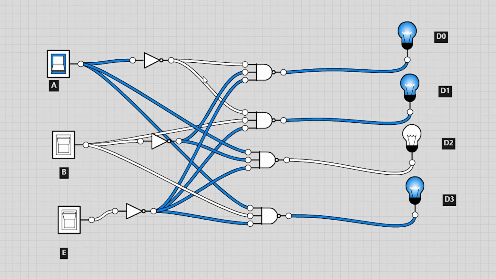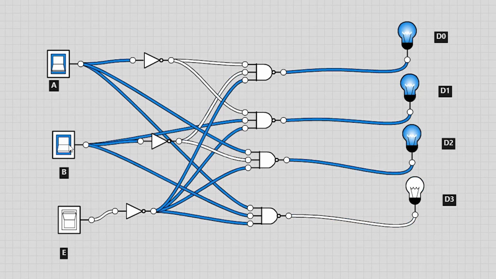When A alone is 1, D0, D1 and D3 are 1. When A and B both are 1 while E is 0, D0, D1, D2 are 1 and D3 is 0. Since all the combinations are working properly, our simulation is working perfectly.